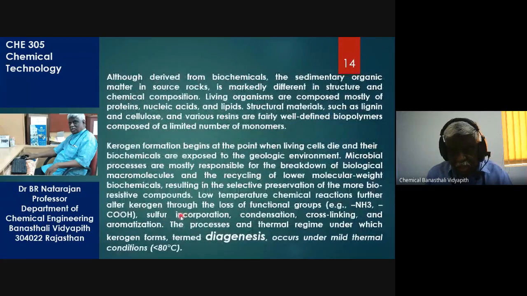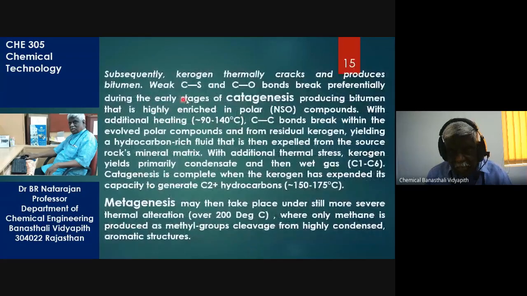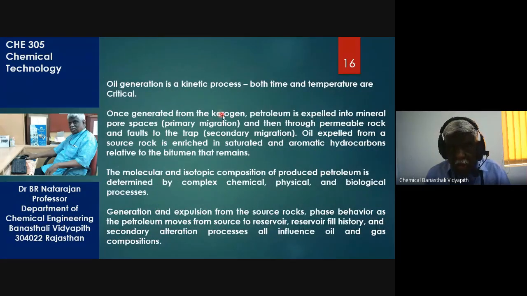All these, kerogen, diagenesis, catagenesis and metagenesis, are happening in the source rock. And once the formation takes place, the petroleum is expelled into mineral pore spaces, primary migration, and then through permeable rock and falls to the trap, secondary migration.